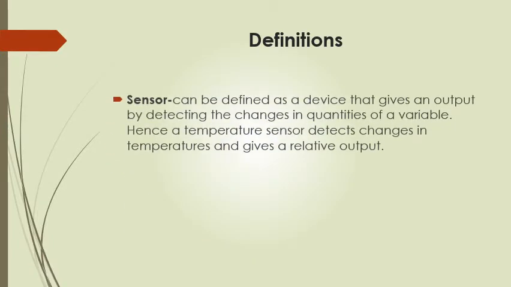What is a sensor? A sensor can be defined as a device that gives an output by detecting the changes in quantities of a variable. Hence, in our case, a temperature sensor detects changes in temperature and gives a relative output.